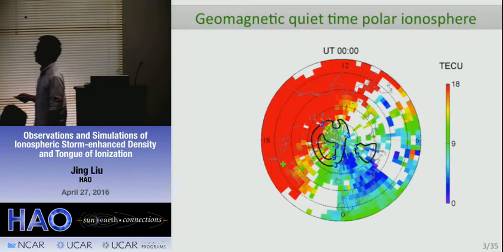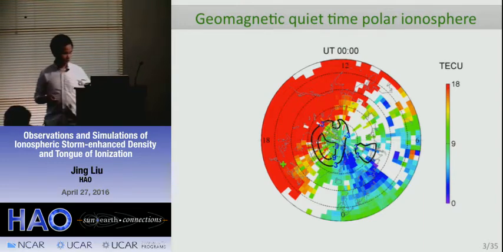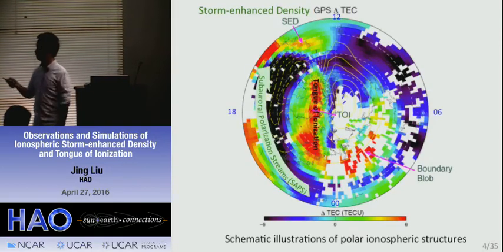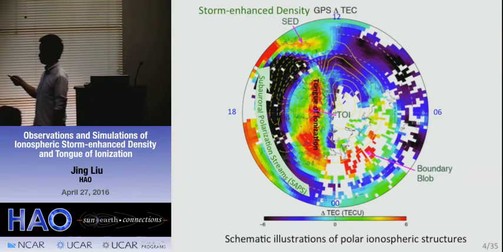As we know, quiet-time ionosphere electron density shows a strong dependence on solar zenith angle. So the electron density changes smoothly from the dayside into the night side and is less structured. However, during storm time, we see the polar ionosphere is very well structured. The strong interplanetary solar wind and magnetosphere interaction produces this dawn-dusk electric field.